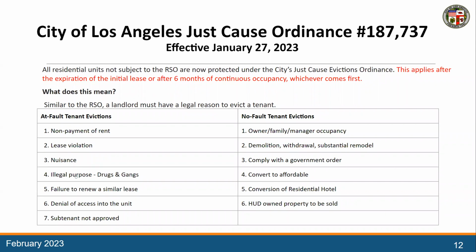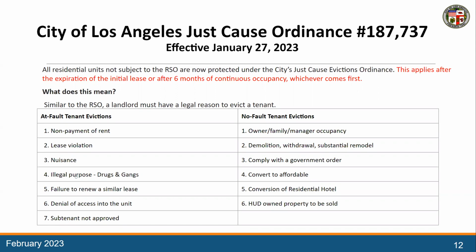However, please note that Just Cause ordinance protection applies after the expiration of the initial lease or after 6 months of continuous occupancy of the tenant in the unit, whichever comes first.